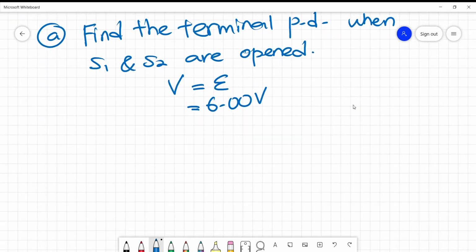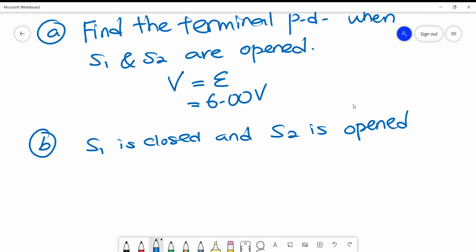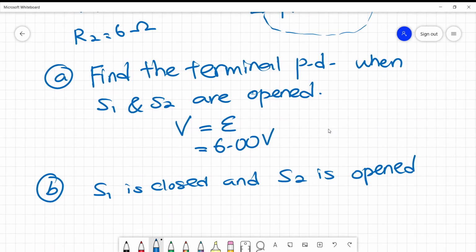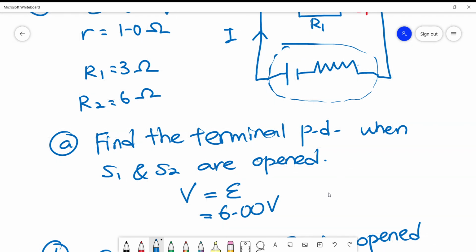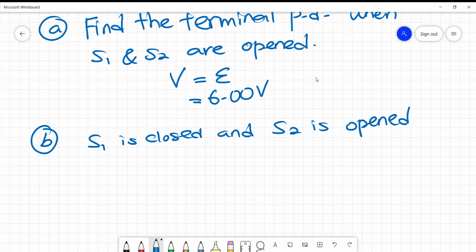And for B, the condition is S1 closed and S2 open. For this concept, when S1 is closed, the current is flowing inside the circuit. When the current flows, the internal resistance causes the terminal potential difference of the battery to drop.